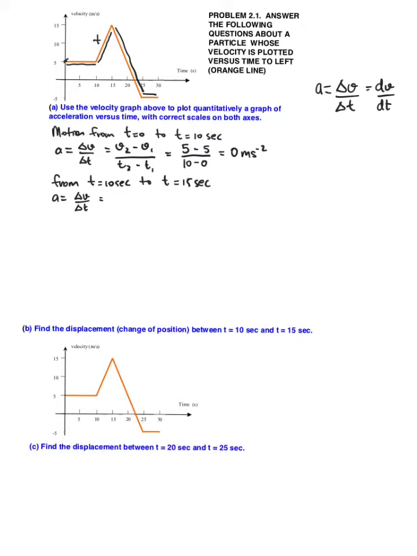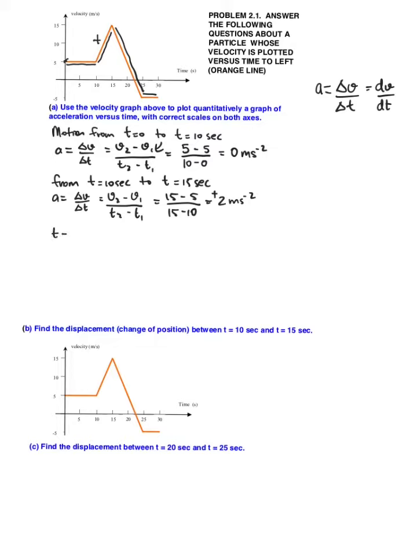That's going to be v2 minus v1 over t2 minus t1. In this case, it's 15 as our final velocity minus 5, divided by 15 minus 10 for our time. And we get 2 meters per second squared. So we have a constant value, which is a positive value. That's because we have a positive slope on the graph in that region.